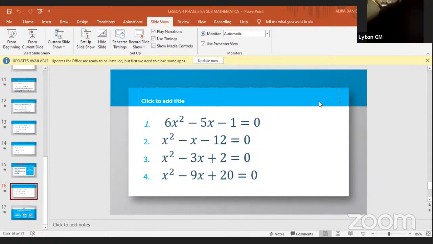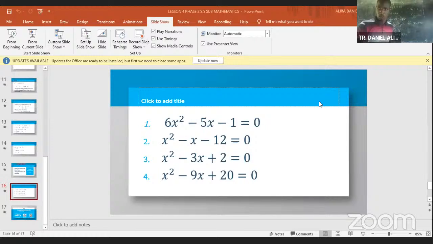So we get the factors. The numbers we can multiply to get -6, and when we add them we get -5. Two numbers, when you multiply you get -6, and when you add them you get -5, yeah? Yes.